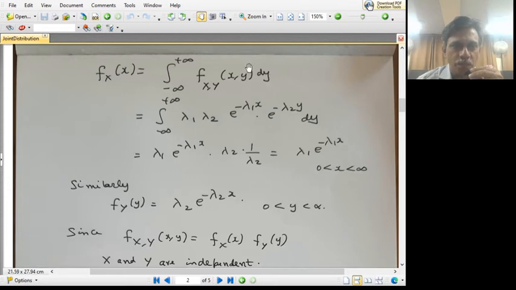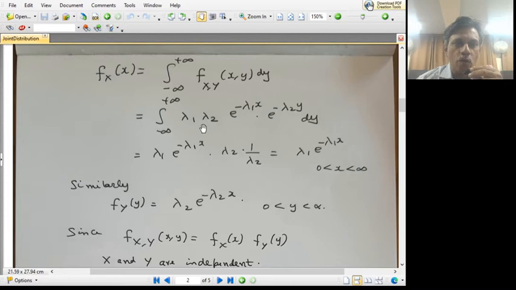In this place you substitute the joint density function, which is lambda 1 lambda 2 e power of minus lambda 1 x into e power of minus lambda 2 y. We have just factored this into two separate terms. Note that because of the condition posed by the exponential distribution, the lower limit of this integration only starts from 0.